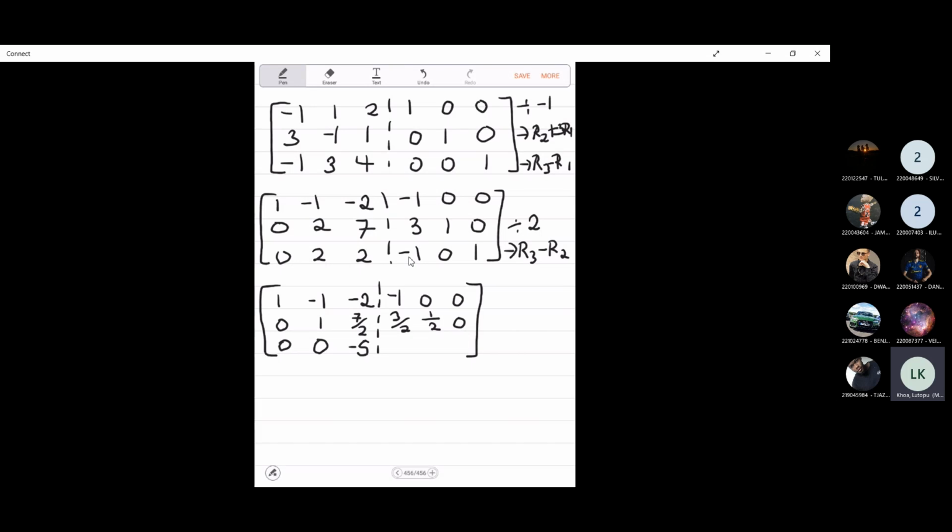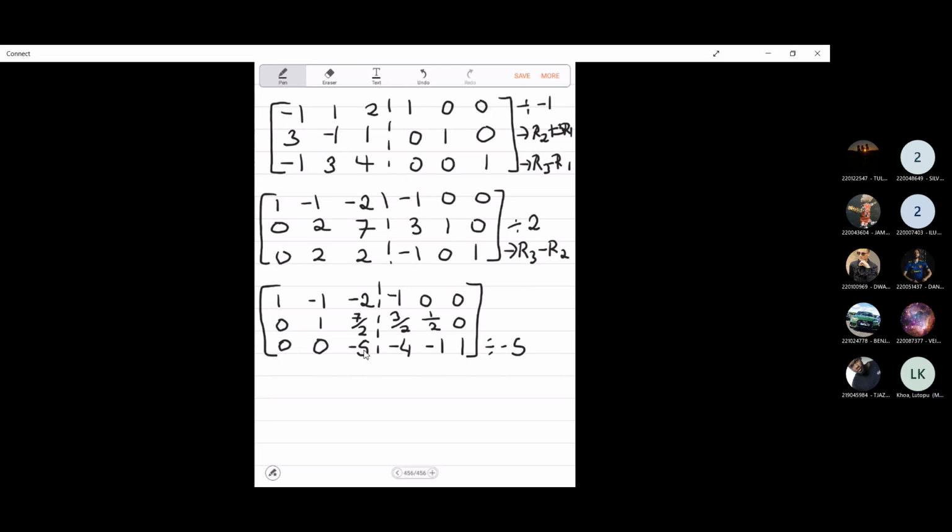And then minus 1 minus 3 is minus 4. Then 0 minus 1 is minus 1. And then 1 minus 0 is 1. Okay, so here we want to make this a 1, so we will divide this by minus 5.